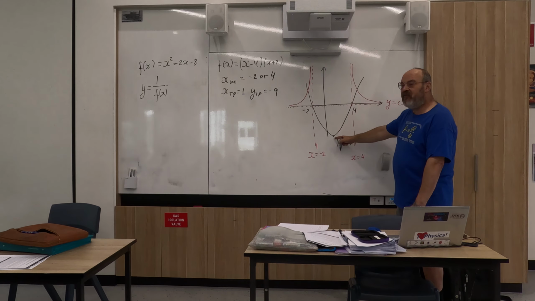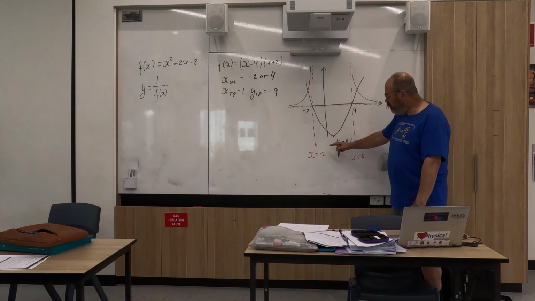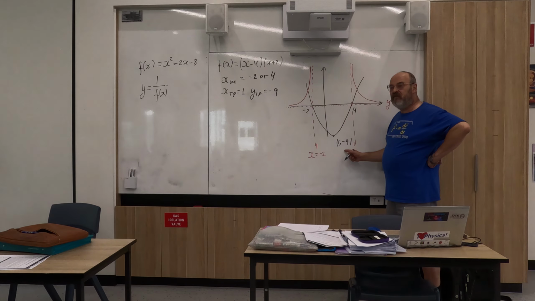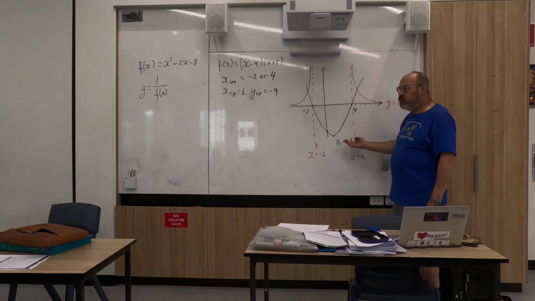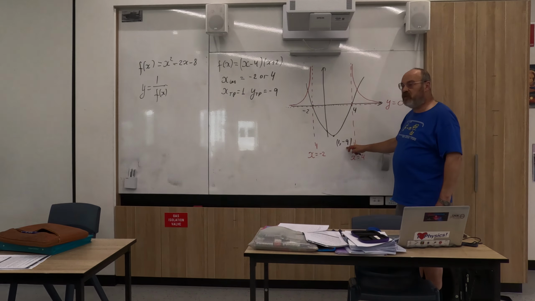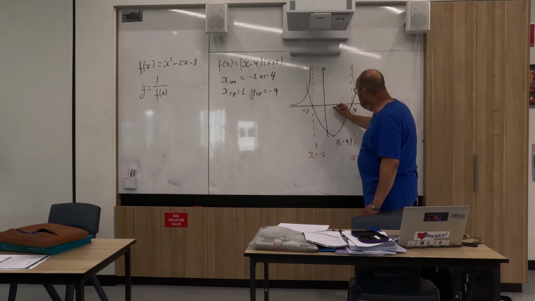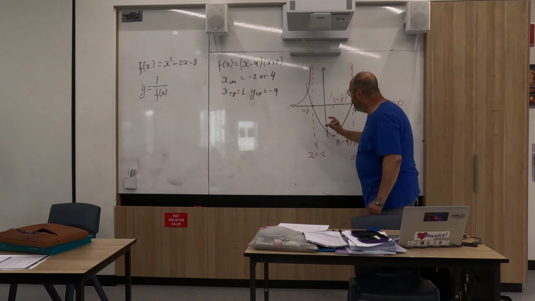And where we have the smallest value of the original, we will have the maximum of the reciprocal. What will be the y-coordinate of the reciprocal? Negative 1 over 9. Because this is 1 over the function. The function equals negative 9, so 1 over the function will be negative 1/9. So it will be (1, negative 1/9).